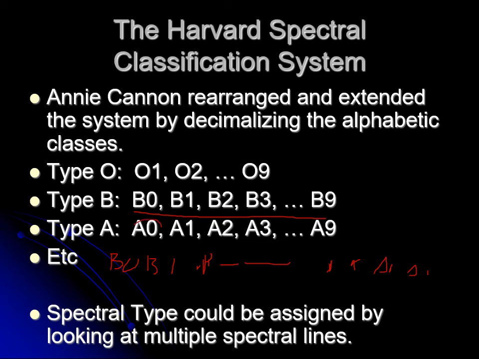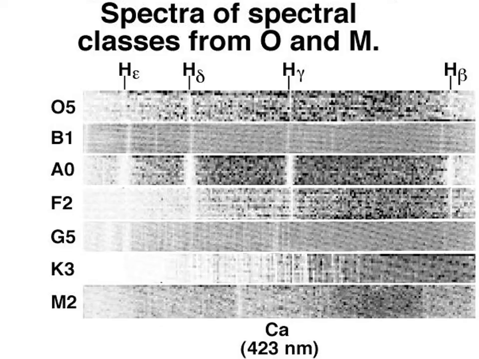So an A0 is right next to a B9, and a B0 is right next to an O9. So a B1 is closer to an O9 than it is to a B9. Okay. So we classify the spectra from O to M.